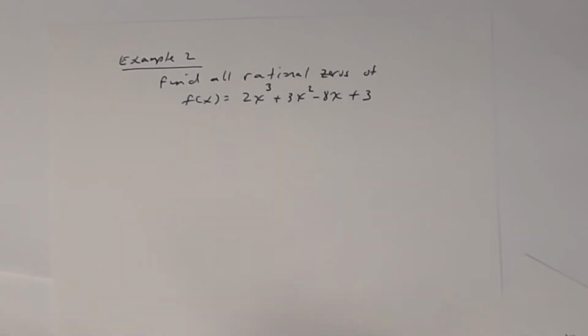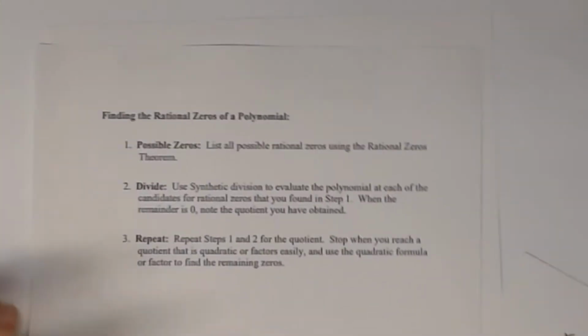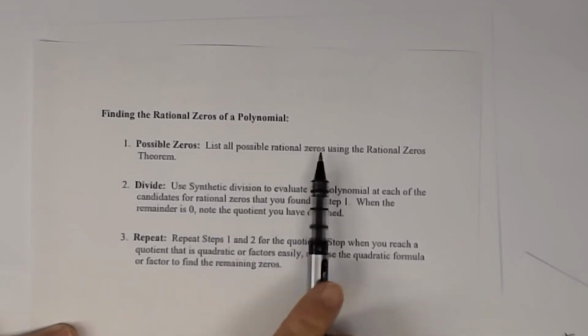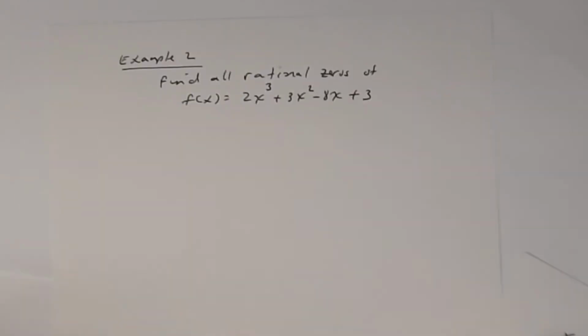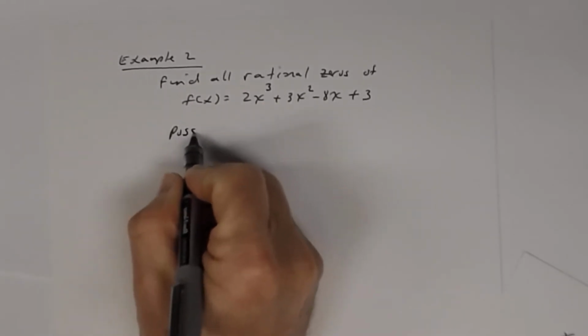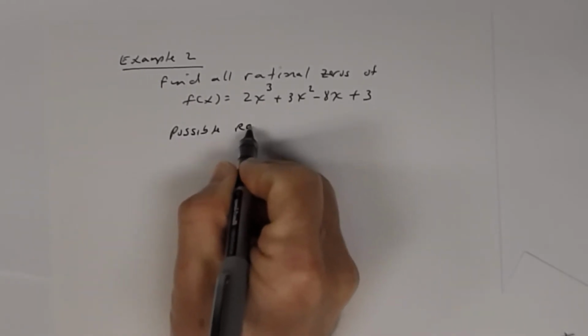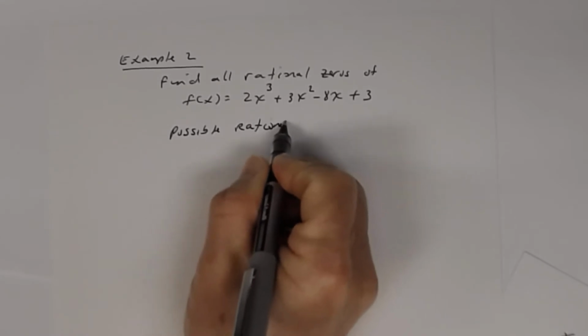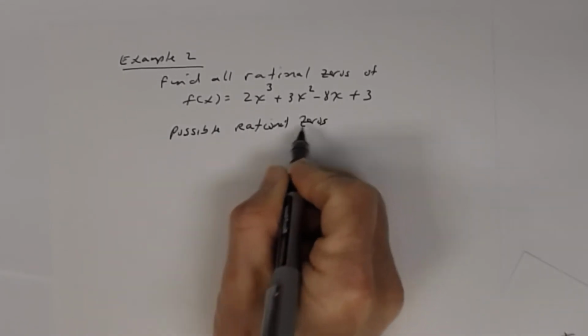Okay, so remember the first step you're going to do is list your possible zeros using the rational zeros theorem. All right, so let's go ahead and do that. The possible rational zeros.